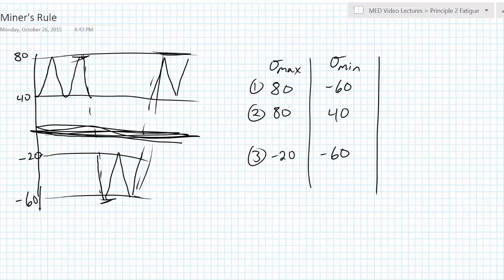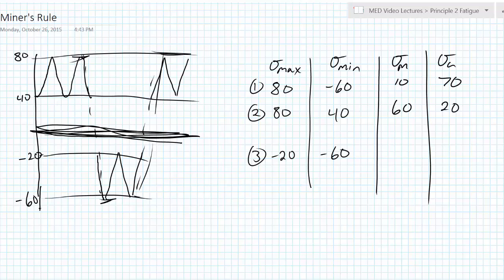Again, just to fill out this table, we could see that we have some mean and some amplitudes here, which may cause different values. The mean between 80 and negative 60 is 10, and the amplitude is 70. The mean between 40 and 80 is 60, and the amplitude above that is 20.